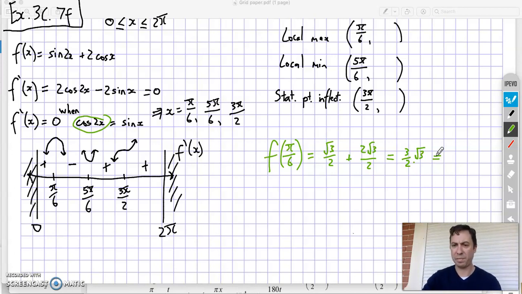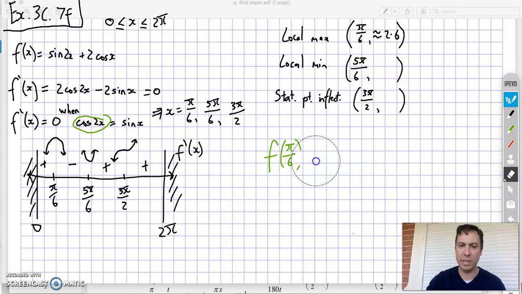So we're at approximately 2.6 for this max. So the min's probably going to be the negative of that, given the symmetry of these functions. Let's have a look at that.